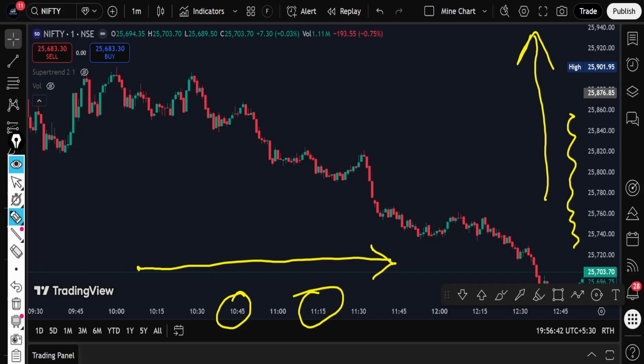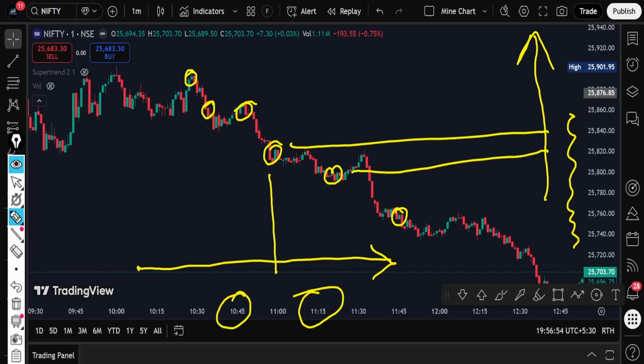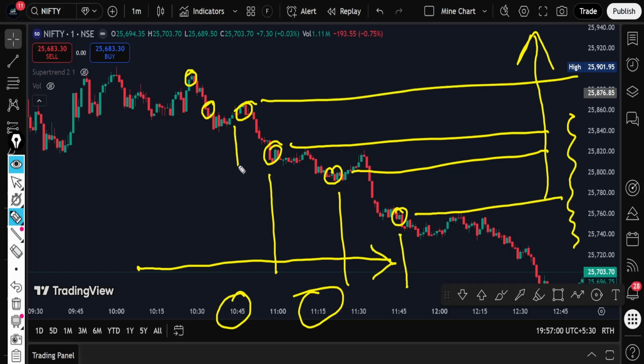For each point there is a transaction done between buyers and sellers at that time. So this price and time chart is plotted like this.